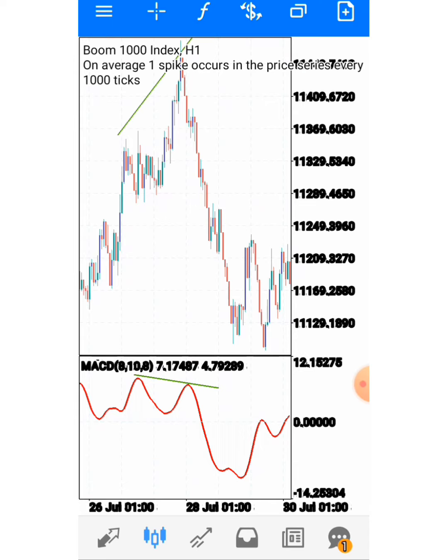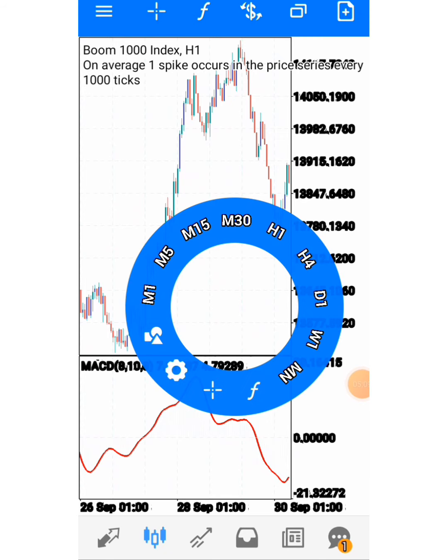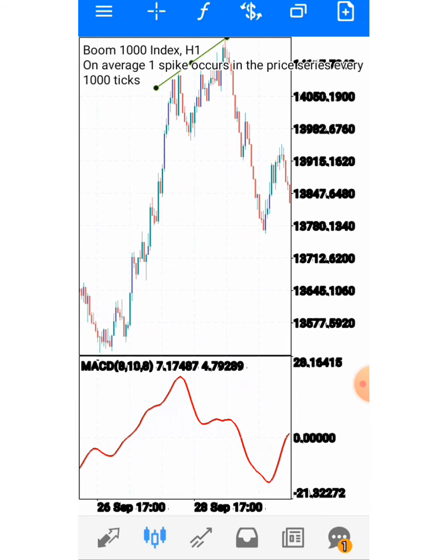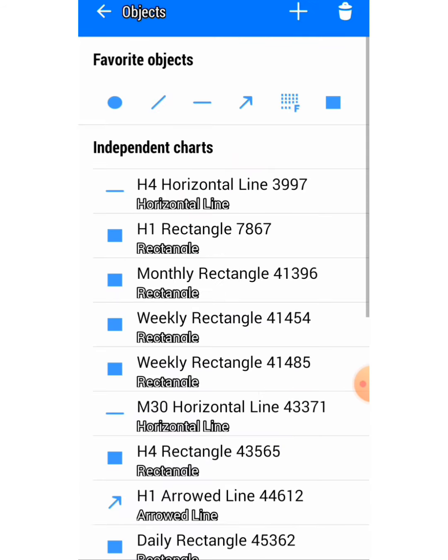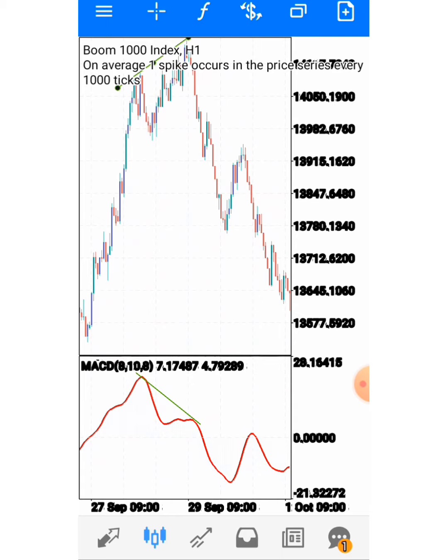So let me keep on showing you another before I change. Hello traders, here is another, the third one I'm showing you. Look at it, making a higher high, and then take a look at this indicator, making a lower high. You can see that this divergence is really good.